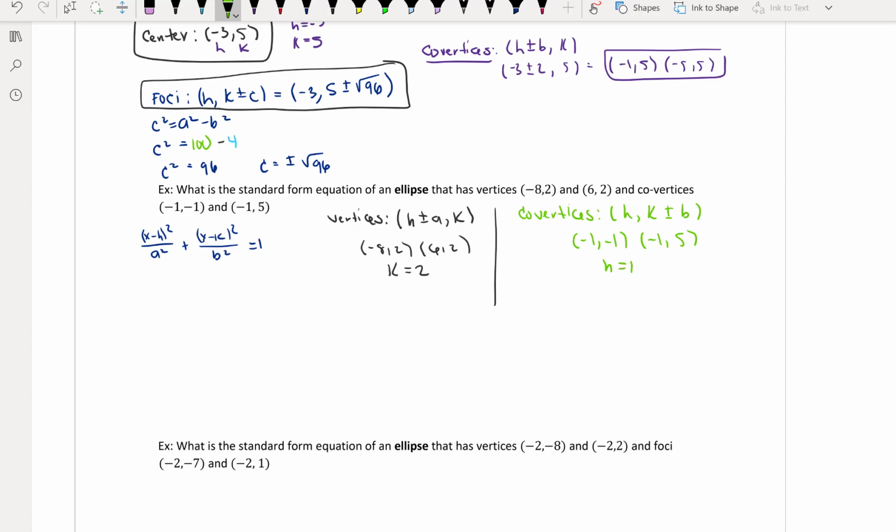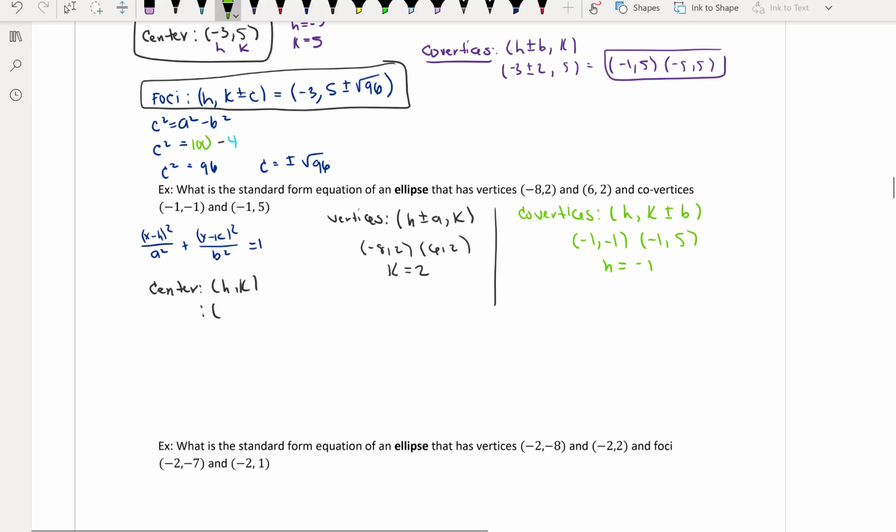So now I can tell you without a doubt that my h value is equal to, not k, but to negative 1. So the h value is equal to negative 1 from my covertices, and from the vertices I get my k value. Well, I also know the center is h, comma, k.